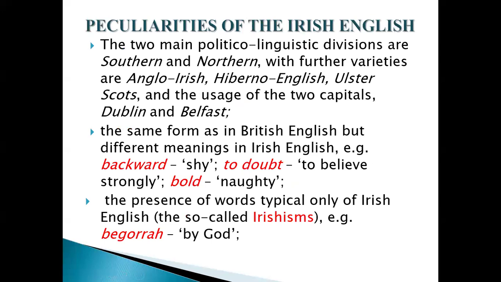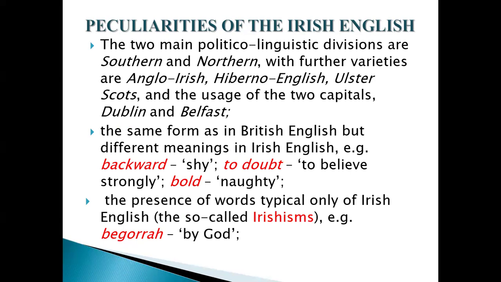The peculiarities of the Irish. Two main political linguistic divisions are Southern and Northern. The further varieties are Anglo-Irish, Hiberno-English, Ulster Scots, and the usage of the two capitals, Dublin and Belfast.